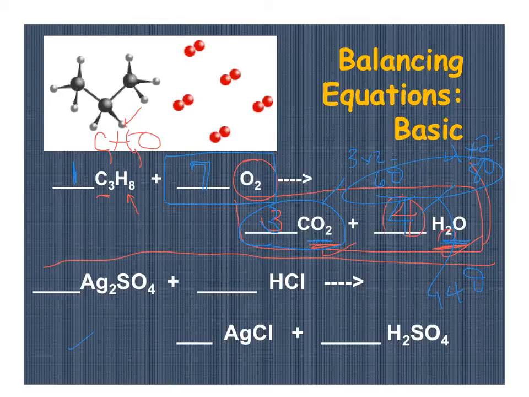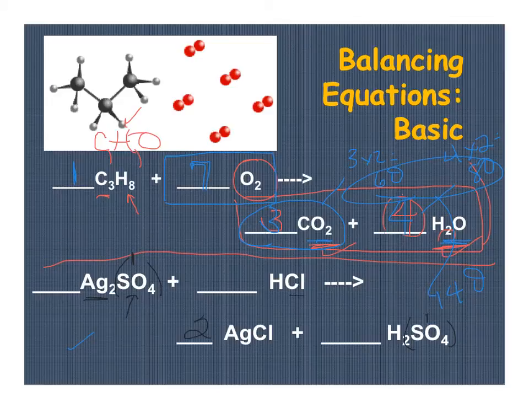I'm going to go a little faster. The metal is silver. I'm going to balance that first. Balance polyatomic second. There's 1 SO4 group on the reactant side, and there's 1 SO4 group on the product side. Chlorine, I'm going to save hydrogen and oxygen till last. Obviously, the oxygen in sulfate doesn't play into that role because it's part of a polyatomic.